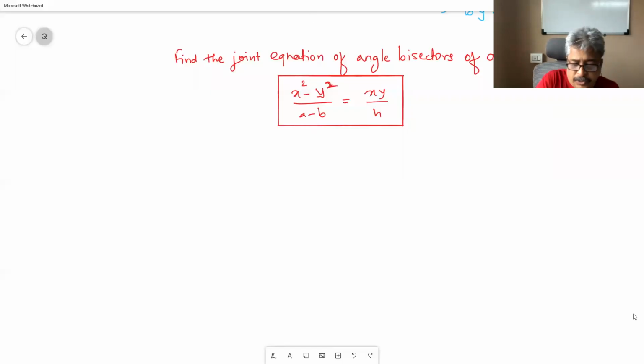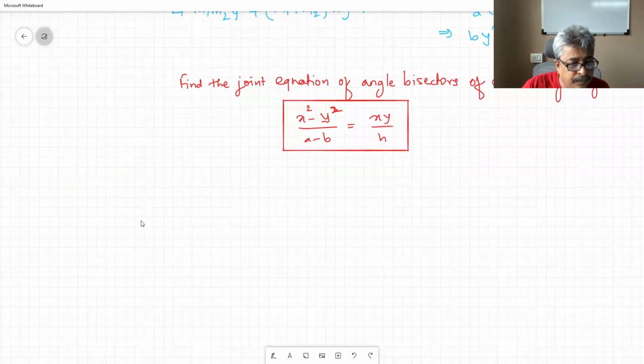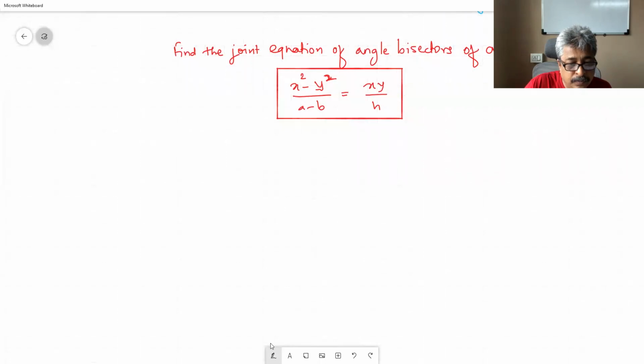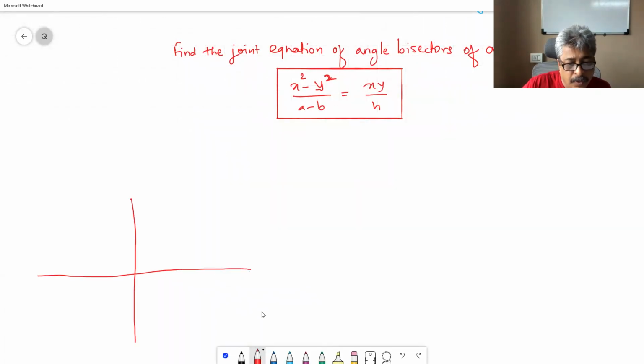Let us sketch first. Suppose we have xy axes like this, one line like this, another line like this, then their bisector will look like this.